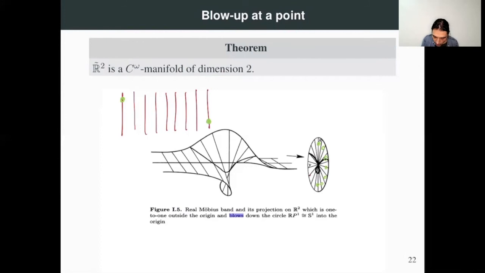And for instance, we have to identify this point over here with this one. We have to identify a point here that is in the top side with a point that is here in the bottom side. But that's going to give us a Möbius band. So this blow up of the plane at the origin is not going to be an orientable manifold.